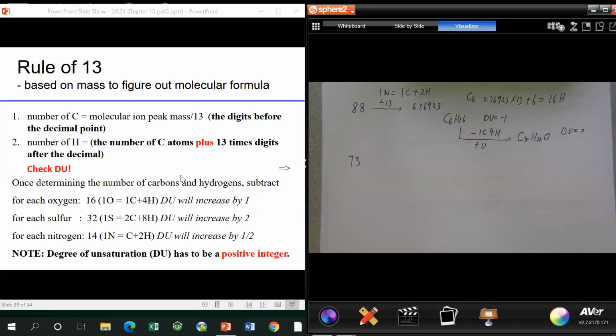For rule 13, at the very beginning you don't need to do any replacement with heteroatoms, just the general formula with carbon and hydrogen. And then in the following step we do the DU number calculation. If the DU number doesn't make sense, you need to do the replacement.